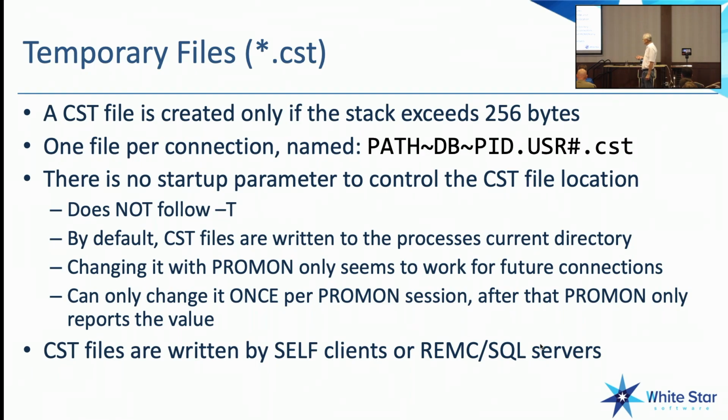You can only change it once per Promon session, and after that, Promon will just tell you what value you set it to, unless you get out of Promon and go back in. The CST files are written by any self-service or shared memory client and by the remote client or SQL Server process. So those mproserve or SQL Serve 2 processes are the ones writing the files. They're the ones where you need to be aware of where the current directory is and whether or not you have permissions.